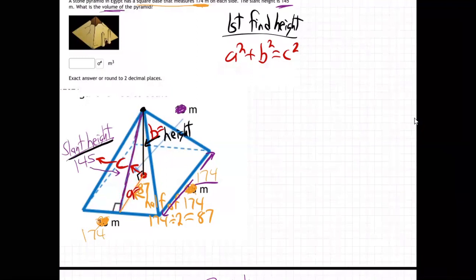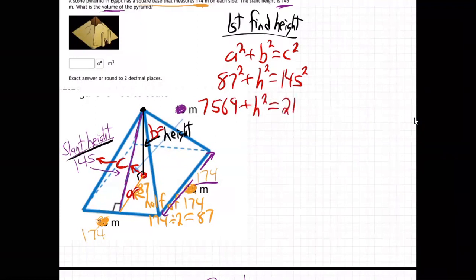So a is 87 squared, plus b, that's the height we're trying to find, and c is 145 squared. Use your calculator. I'm getting big numbers here. 87 squared is 7569, plus h squared, and 145 squared is 21,025.